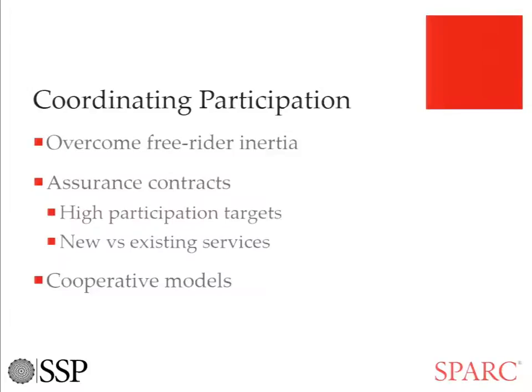I mentioned earlier new versus existing services. When you're offering a new service, a new open resource, for example, you can make the provision of the resource contingent on the action succeeding. So we say, we'll provide this if enough people contribute to it.